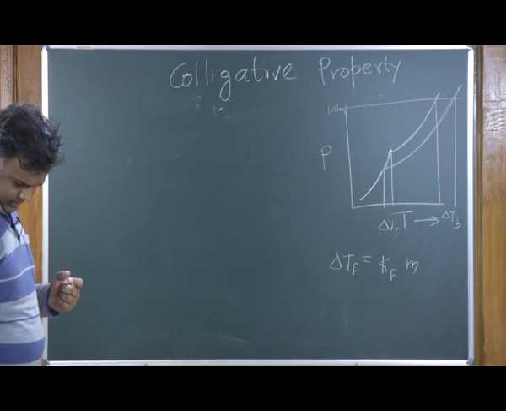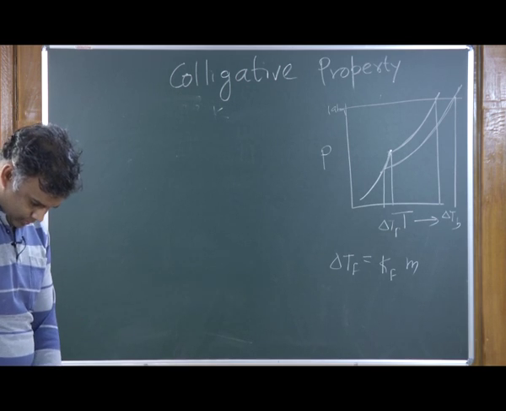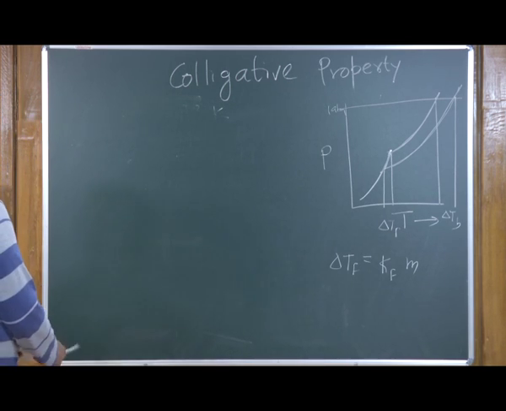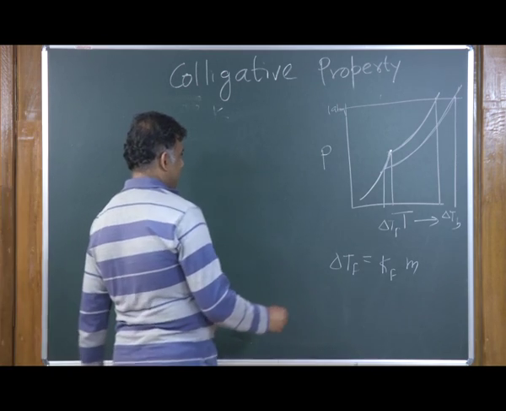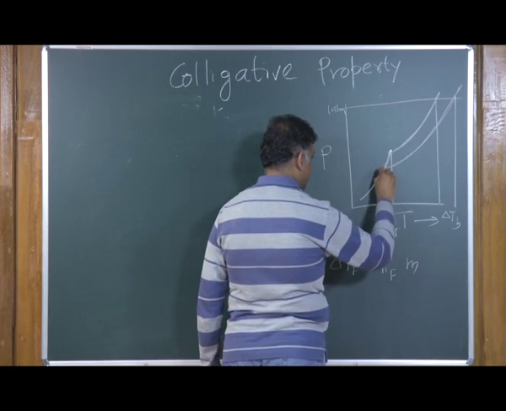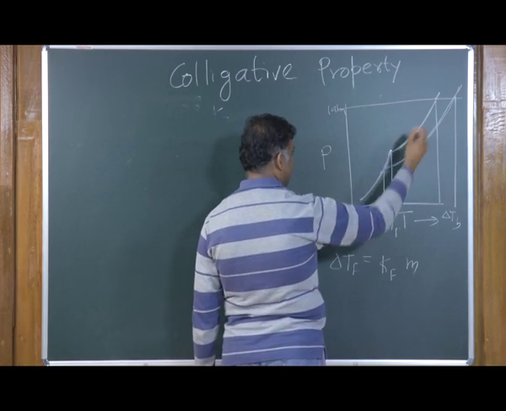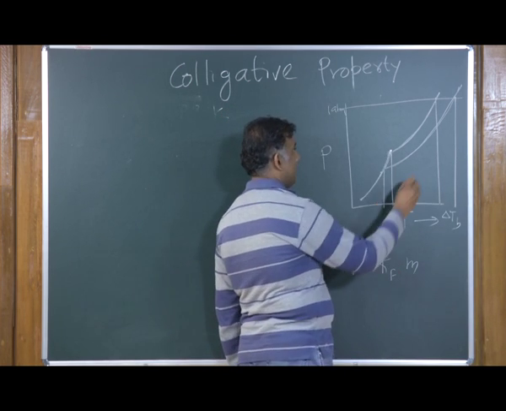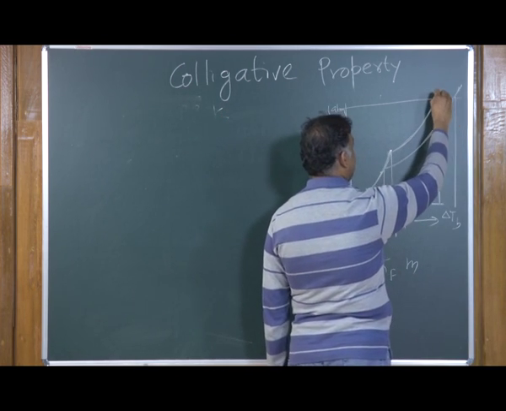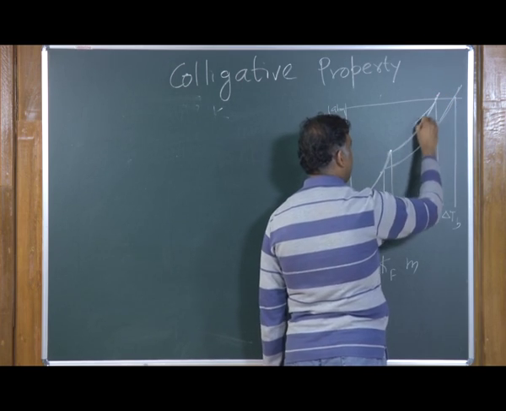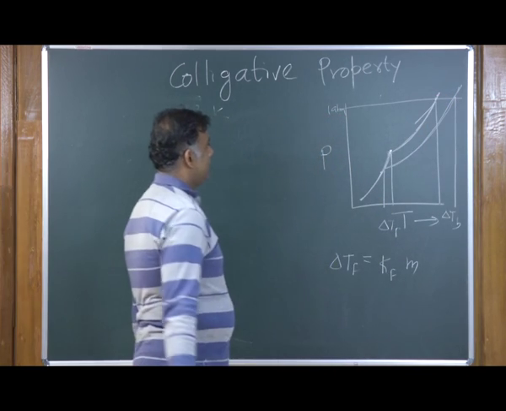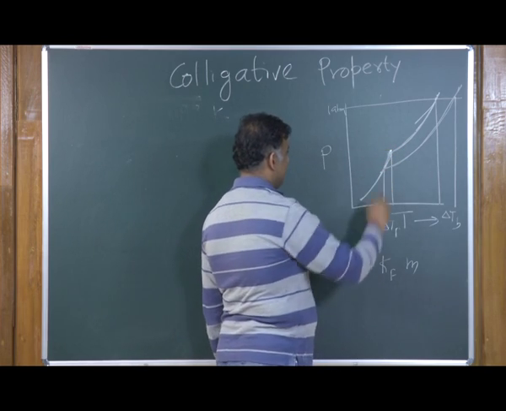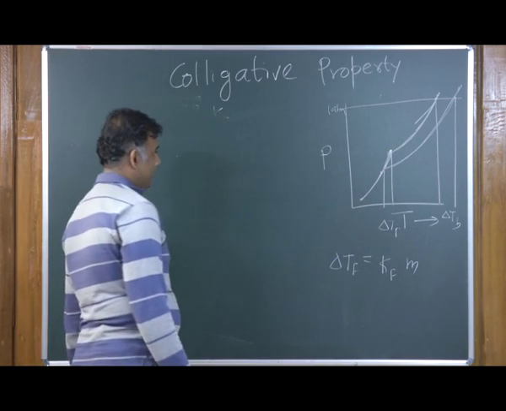Okay, and the same kind of formulation we can do, and of course, Kf and Kb are related to the property of this curve. Kf is related to the property of this curve, as I said, it depends upon the curvature of this curve. Kb depends on the curvature of this curve. This curvature will depend upon the enthalpy of freezing.